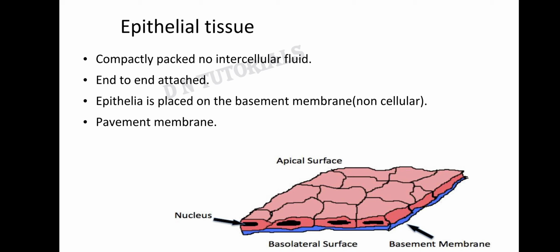Epithelial tissue is of two types, simple epithelium and compound epithelium. If there is only one single layer of epithelial tissue, such an epithelium is called simple epithelial tissue. And if there are multiple layers of the epithelial tissue, such a tissue is called the compound epithelial tissue.